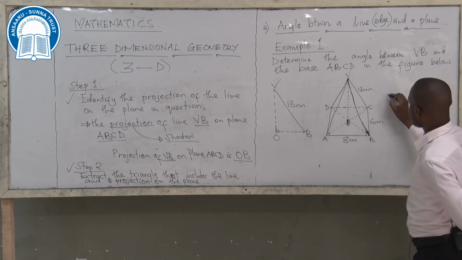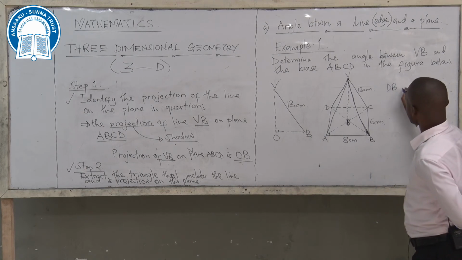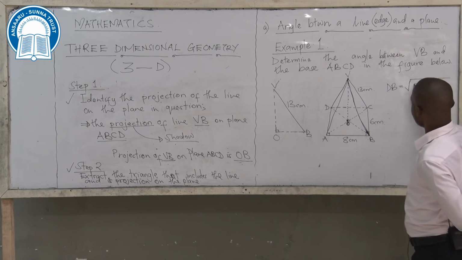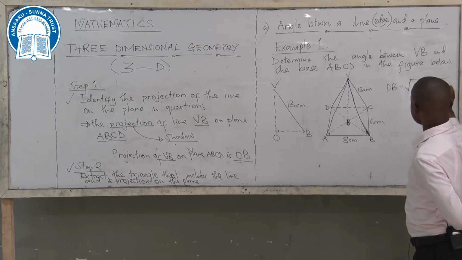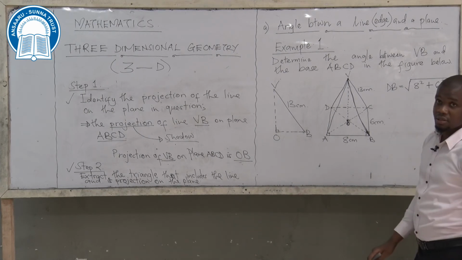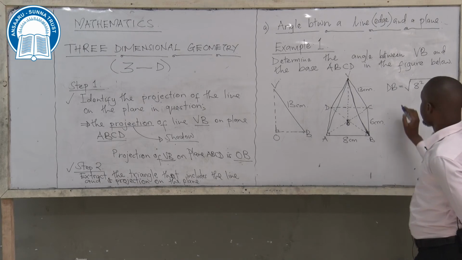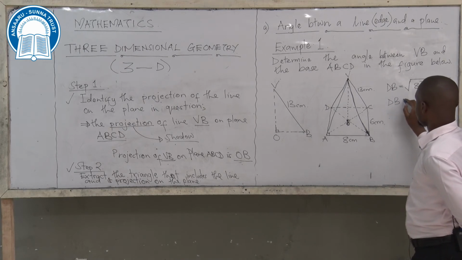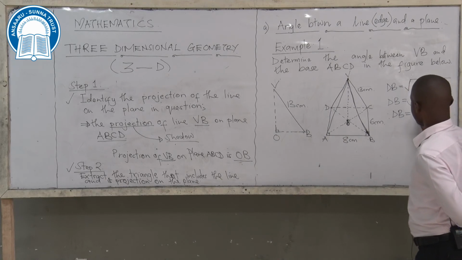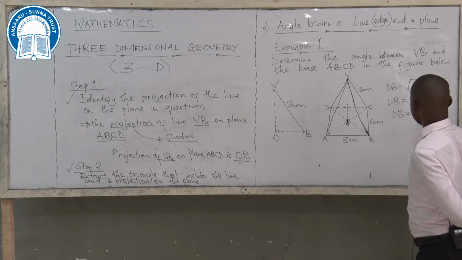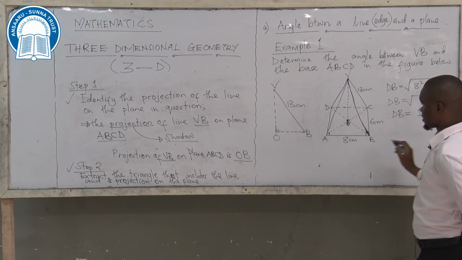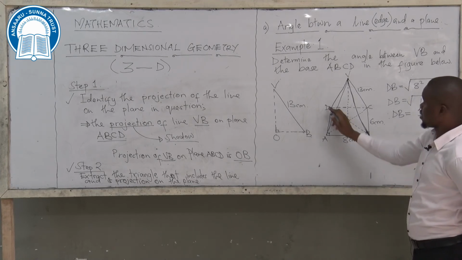So if we wanted to get DB, we would say it is the same as the square root of the square of 8 plus the square of 6. This is the Pythagoras theorem. And this gives us DB being the square root of 100, which makes DB be equal to plus or minus 10, but for the case of dimension, we remain with 10 centimeters as the length of DB.